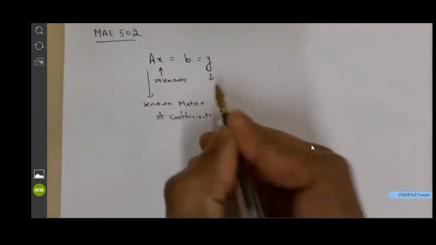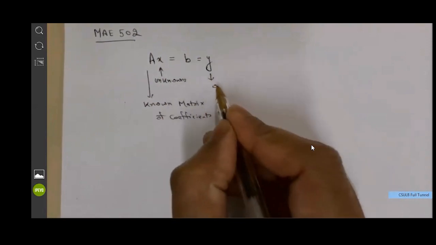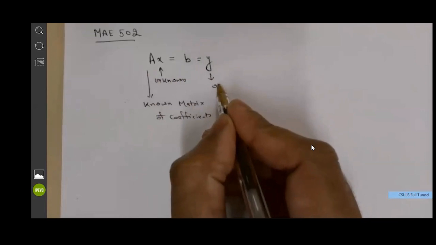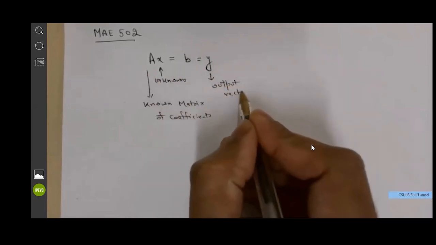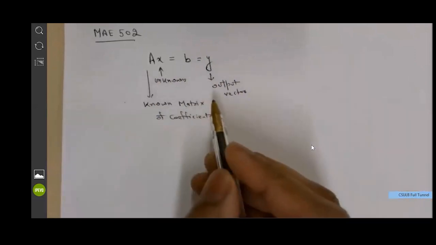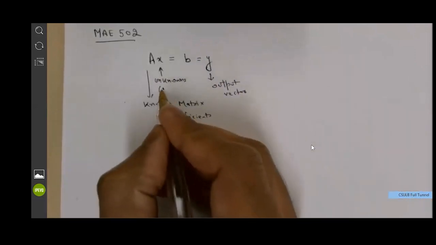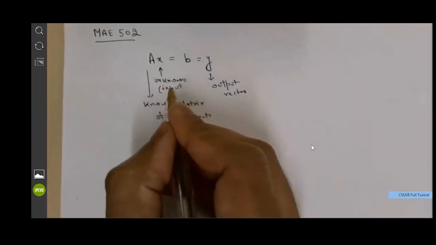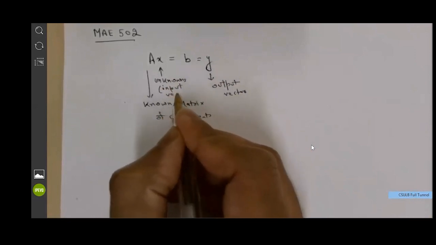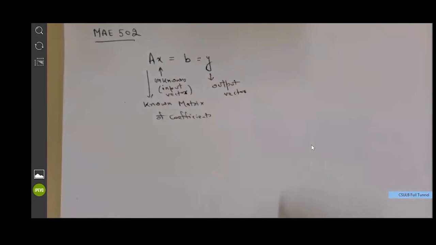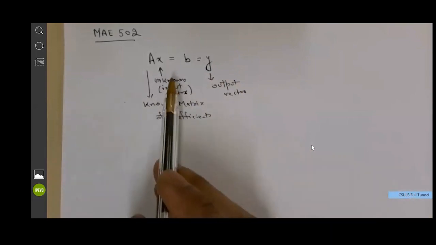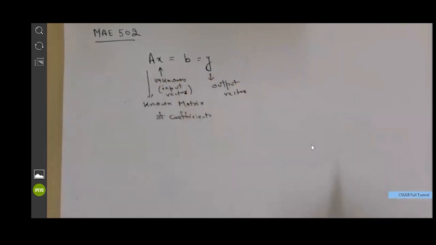And this is your output vector. So the unknowns, or input, or this is your output vector. Again, solution space. You can say this is unknown. Generally, this is your input vector. That's how we use the terminologies when we try to find the unknowns, or solve for the unknowns using the system of equations.